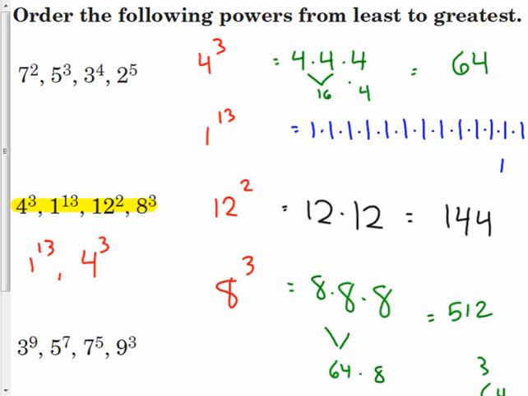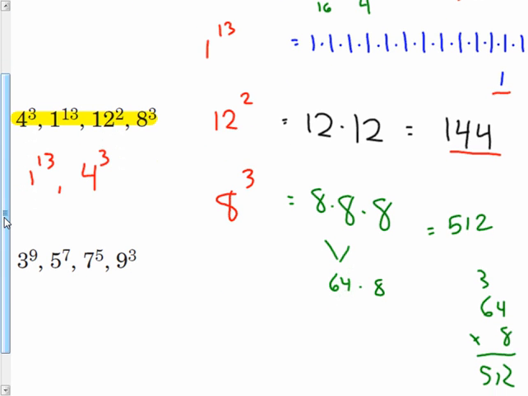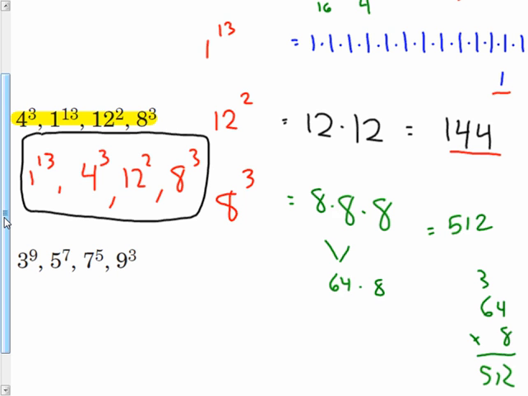Next is 144, and that one was 12 to the power of 2. And then finally, my big answer, 512, is 8 to the power of 3. So here are those 4 exponents in order from least to greatest. Same process, just have to do it a few times before you can then put the numbers in order from least to greatest.